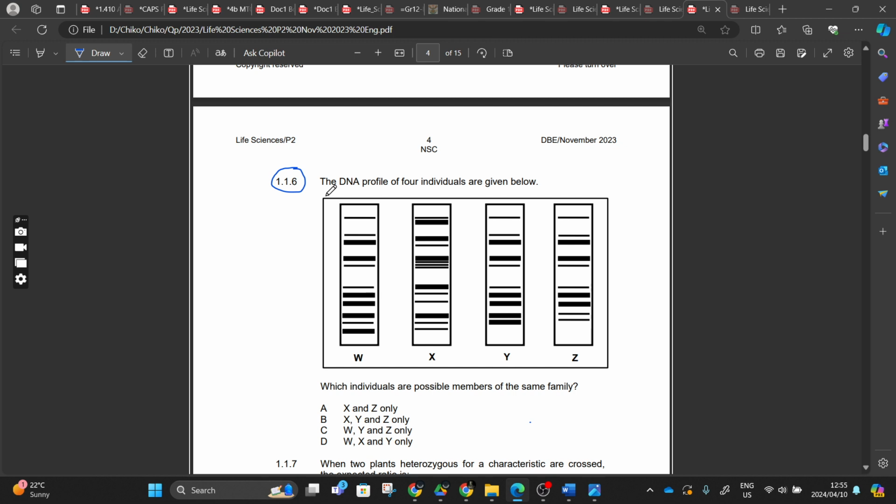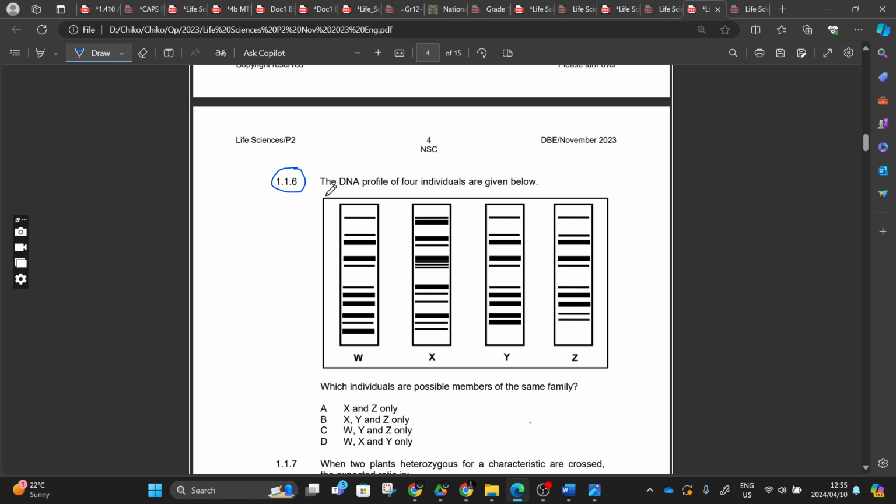After capturing this, it gets sent to the brain, where someone analyzes it and tells you that whatever you are looking at now is the whiteboard writing: the DNA profile of 4 individuals are given below, W, X, Y, Z. That's your brain, my guy. We'll be learning that next week.